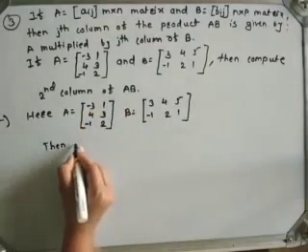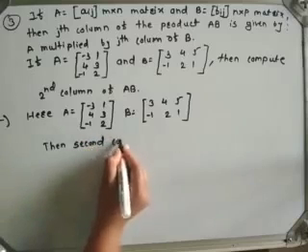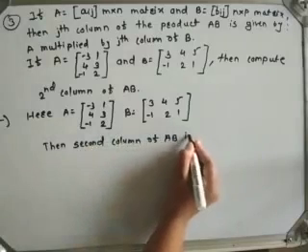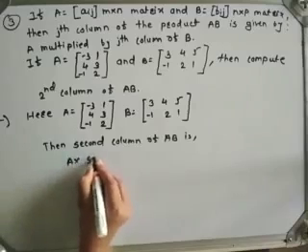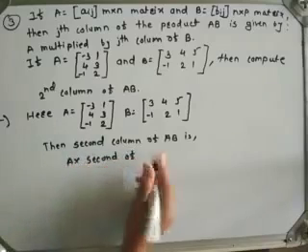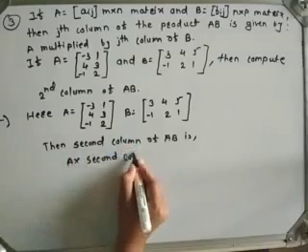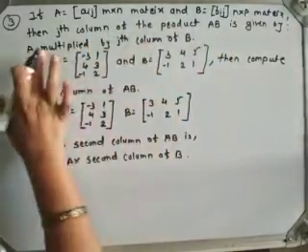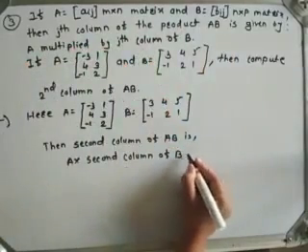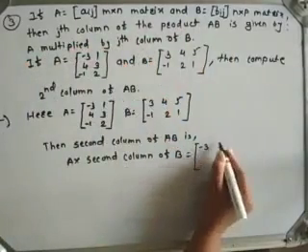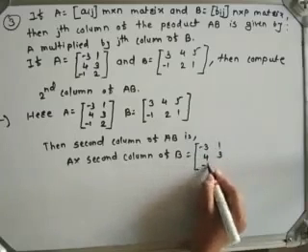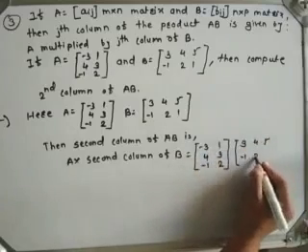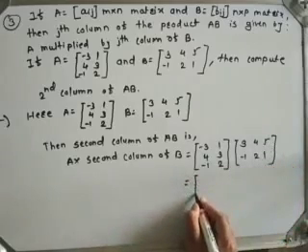The second column of AB is A into the second column of B. Since the jth column of AB is A multiplied by the jth column of B, which is equal to, what is matrix A? [-3, 1; 4, 3; -1, 2] into the second column of B, [4; -1; 1], which is equal to the matrix.